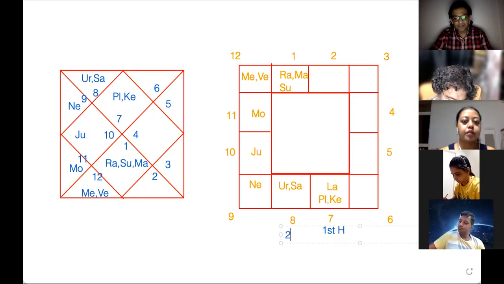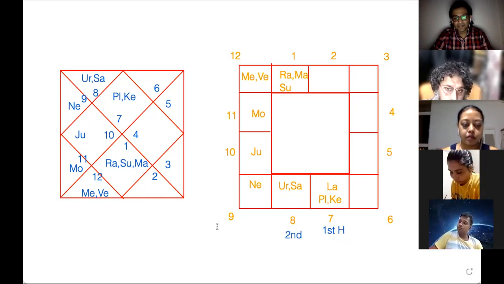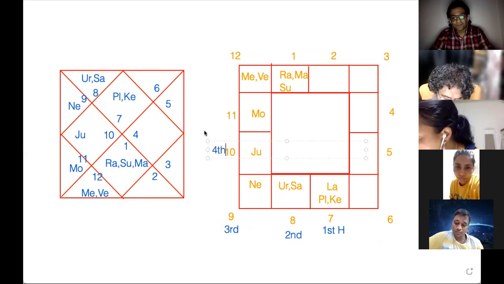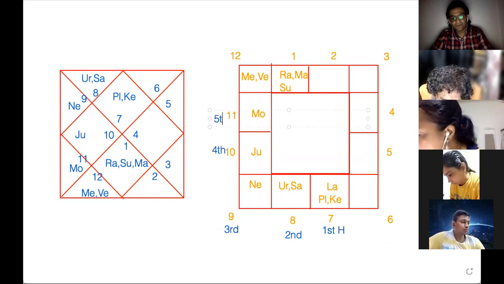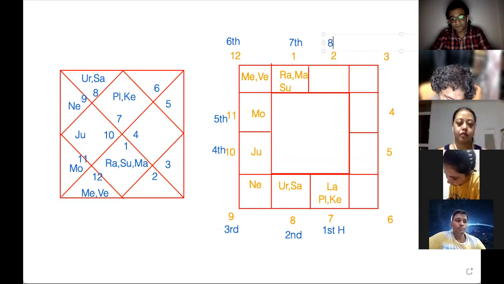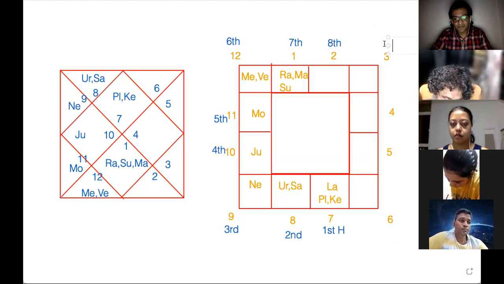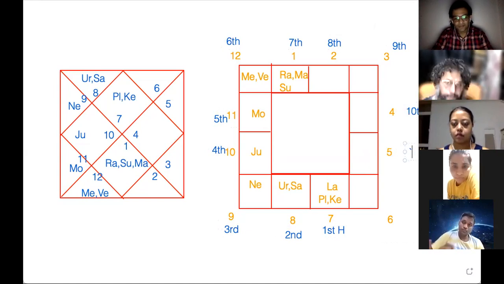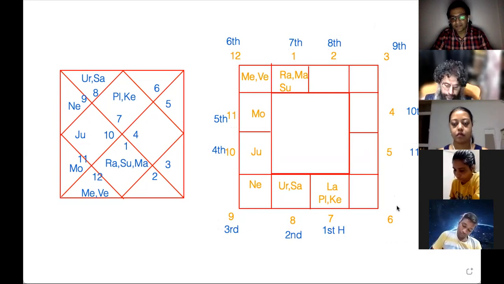Then this will become the second house, this will become the third house. You have to go clockwise here. This will become the fourth house, fifth house, sixth house, then seventh house, eighth house, ninth house, 10th house, 11th house, and this becomes the 12th house.